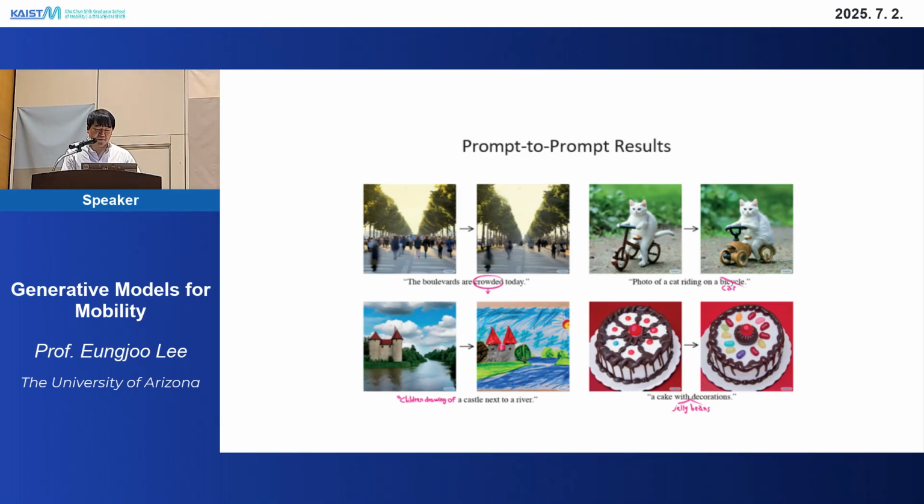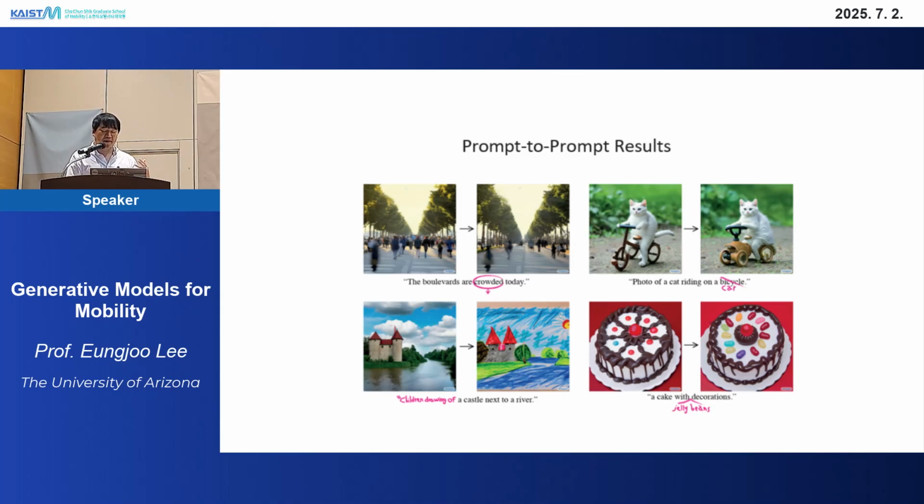The text prompt would be photo of cat riding on a bicycle. That is the initial prompt. If you edit it with another word, so basically you replace the word bicycle with car, the output you are generating would be a different image, or you can manipulate the object by injecting some text prompt.